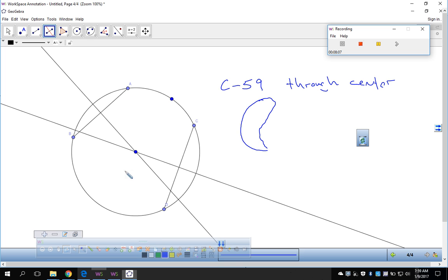It's going to be on a quiz. Go ahead, Ben. So you make any chord, and then make a perpendicular bisector. Yeah, so if I take one chord and do the perpendicular bisector of that chord, is that enough to find the center?